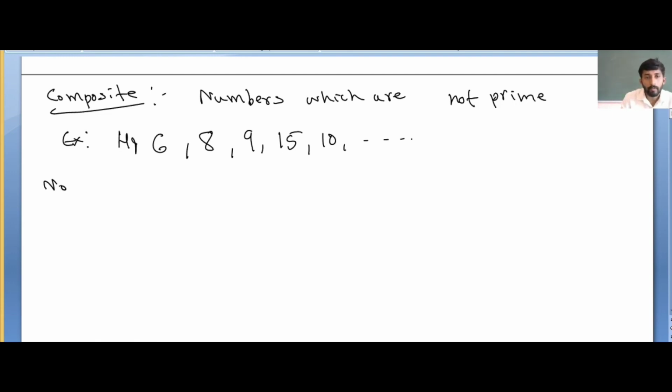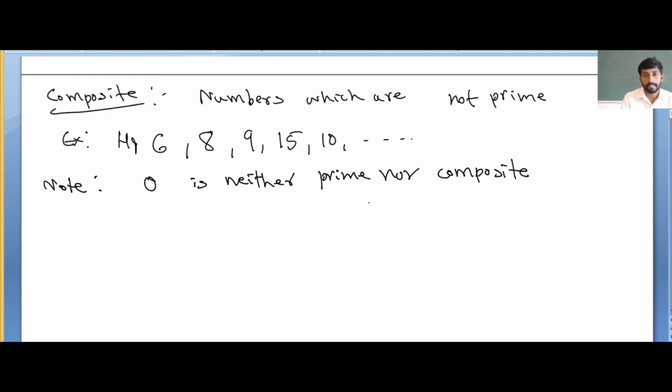Then a very important note is 0 is neither prime nor composite. We can't take 0 as a prime number, or we can't take 0 as a composite number. 0 is neither a prime number nor a composite number.